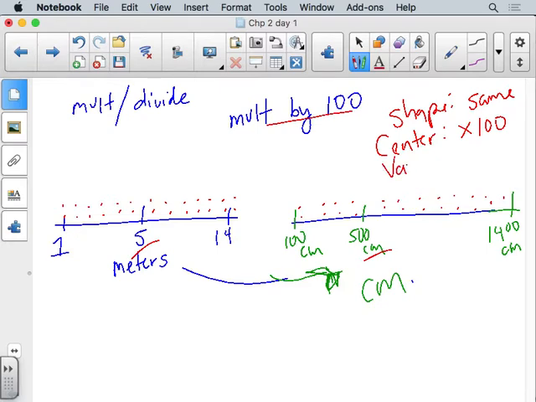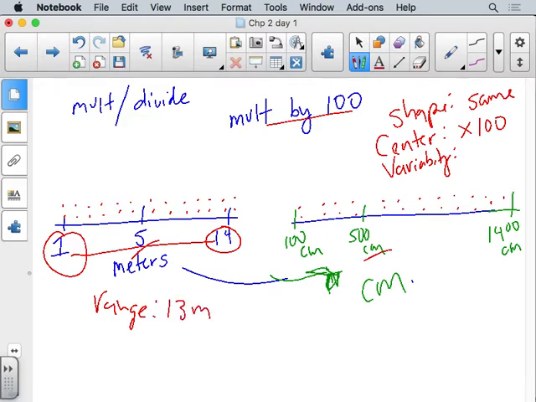And what happened to the spread, the variability? I did have a range of 13 meters, and now I have a range of 100 to 1400. So now I've got 1300 as my range. My range increased a lot.